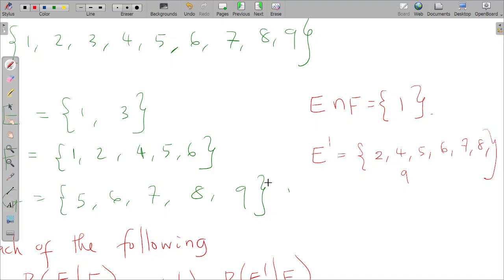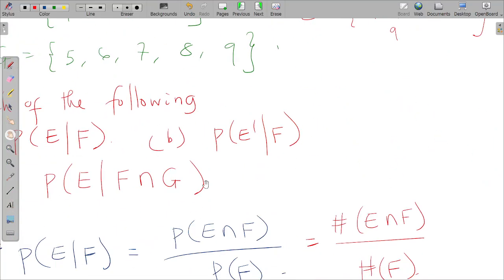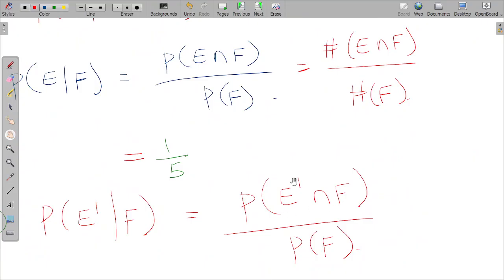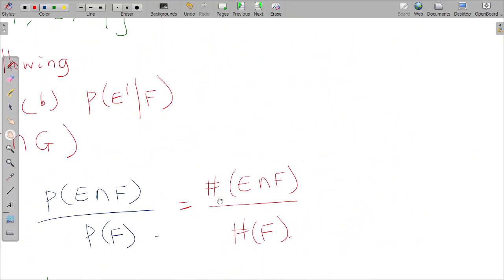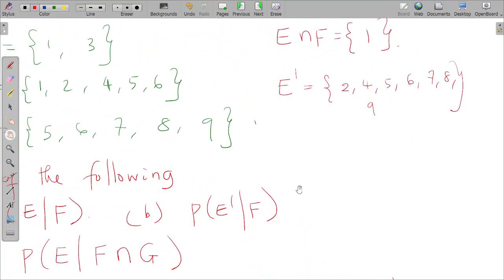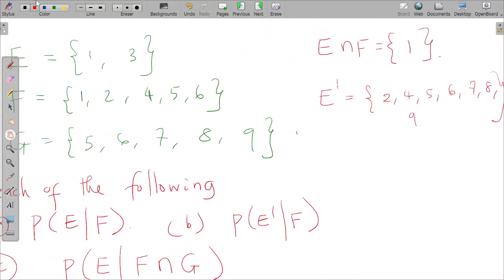Now we want to find E complement intersect with F. This is F. Then E complement intersect with F is 2, 4, 5, and 6.